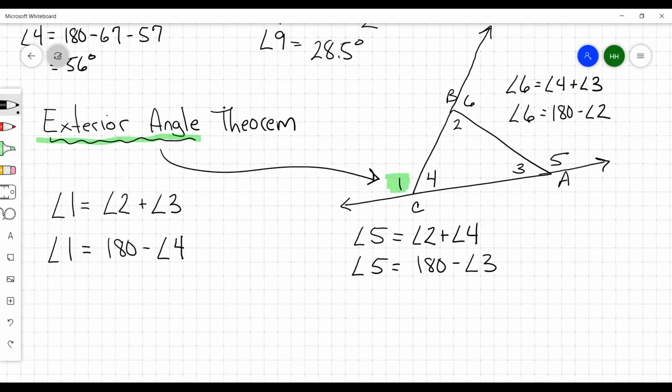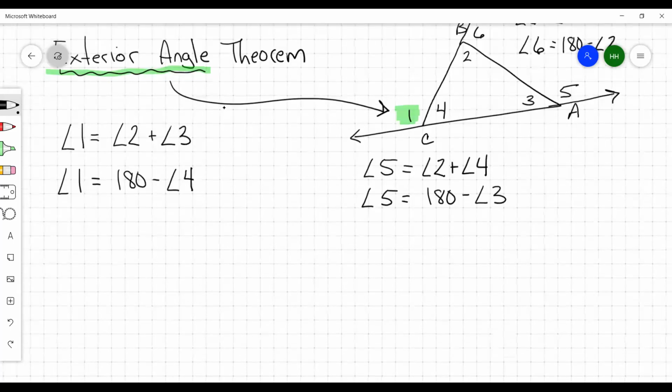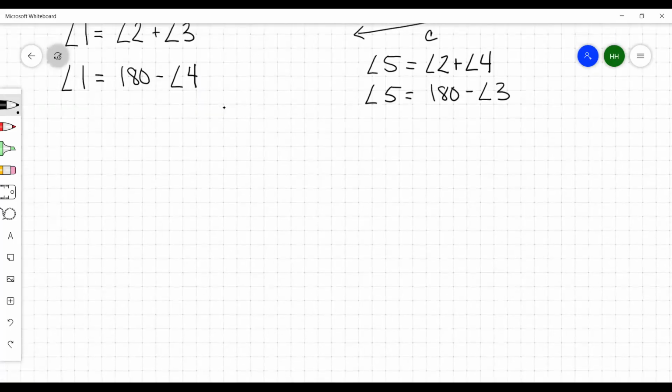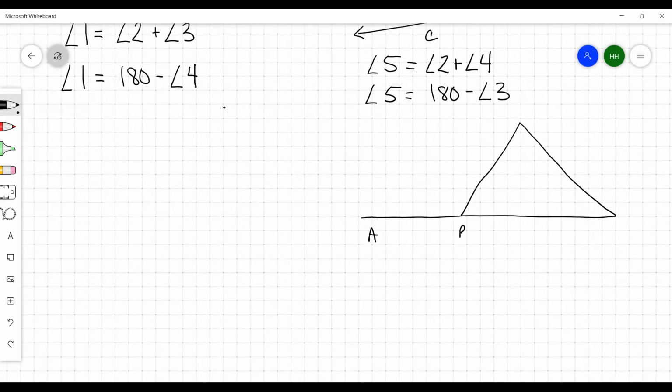So let's apply this to a problem. Let's take this problem. We've got an exterior angle of triangle BCD, and it's got an angle of 2x minus 15.